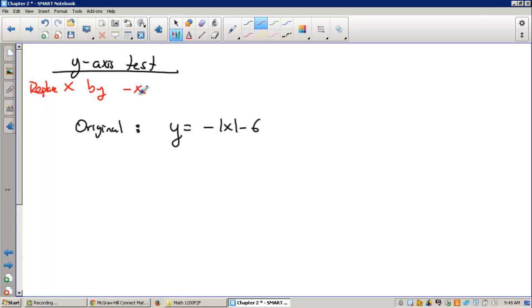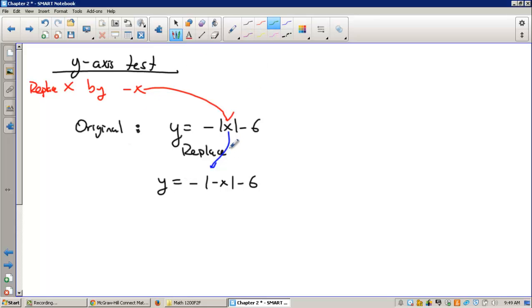And I take and replace this x by negative x. So once we replace it, it becomes minus absolute value of minus x, minus 6, right?